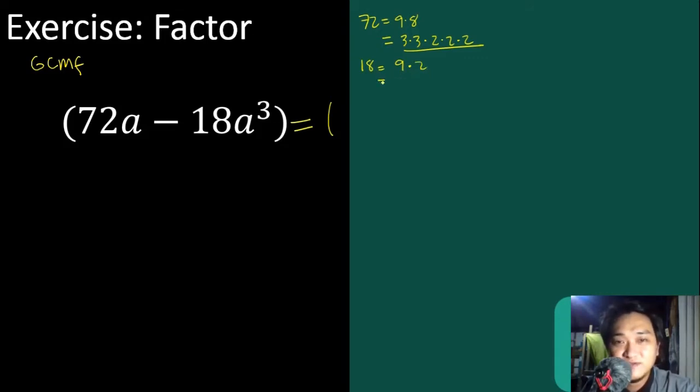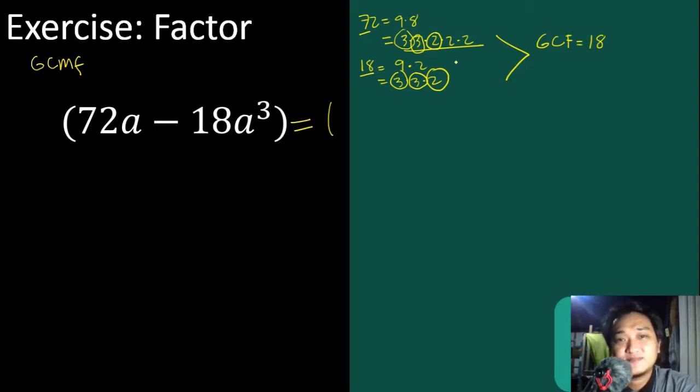And factoring further 9, that is 3 times 3 times 2. So, kung ganyan lang naman pala, ano kaya yung GCF nung dalawang number na to, si 72 at saka si 18? Ang magiging GCF nila, encircle this, encircle this, encircle this, para patas sila. Patas, ayan. So, that is 3 times 3, 9, times 2, that is 18. So, yung GCF nila is 18. Ayan.